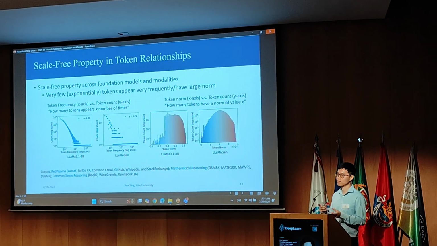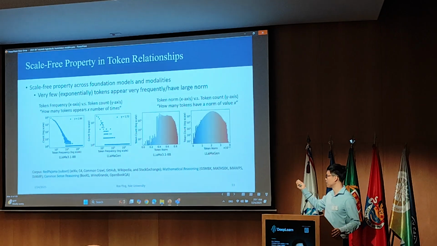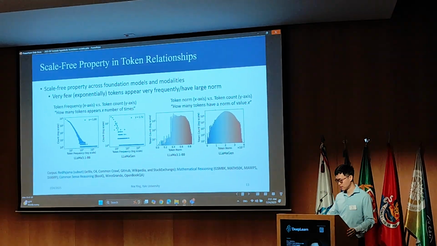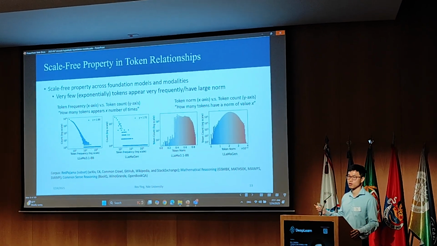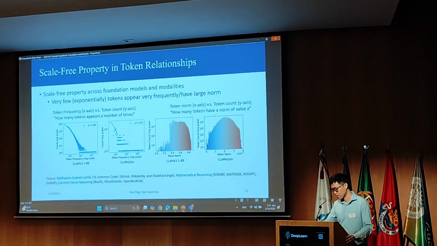Then you average that, and you treat that as the token norm, and we look at the distribution of token norms across all the tokens in the vocabulary. Okay.